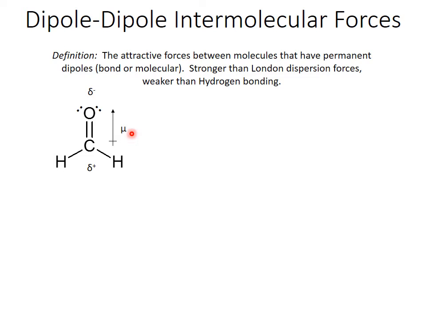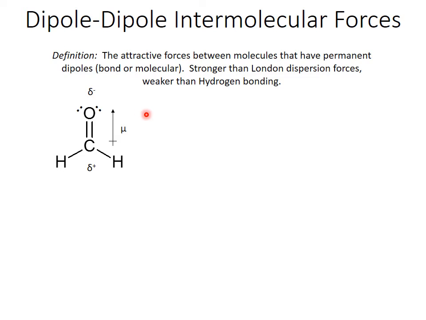We can also draw mu, the overall dipole moment of this molecule, as an arrow pointing from the carbon-hydrogen end towards the lone pairs on that oxygen. This tells us the alignment of the charges inside this molecule.